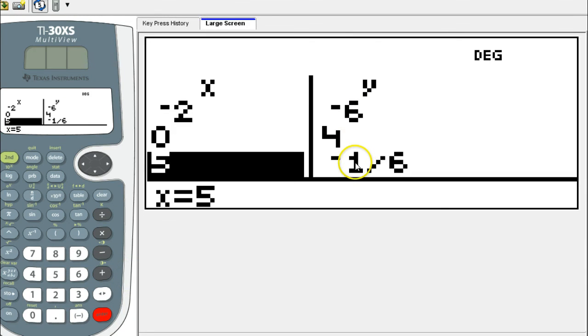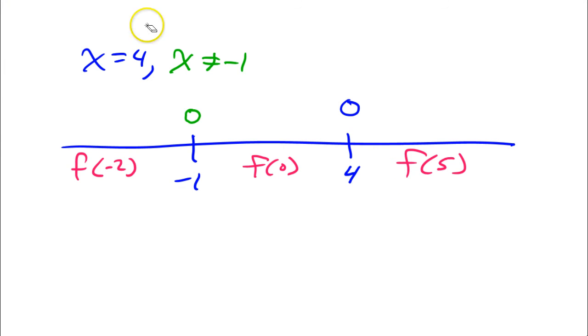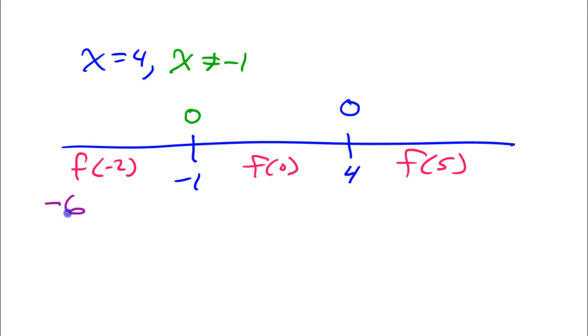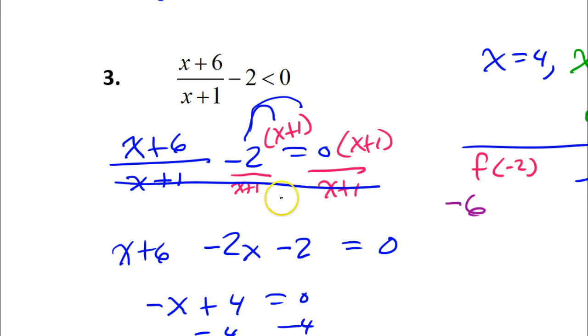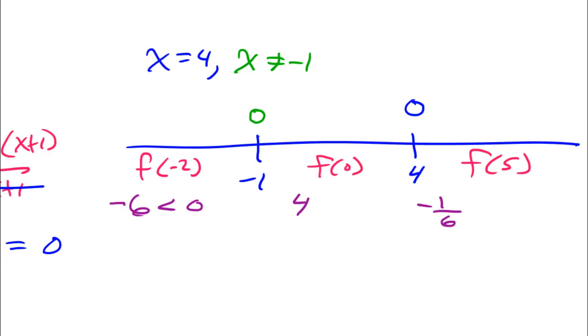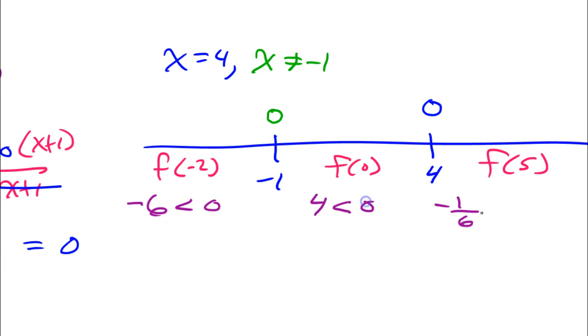All right, so these are the values I get. Negative 6, 4, and negative 1/6. And I am comparing to 0. Is it less than 0 is the question. So less than 0, less than 0, less than 0.